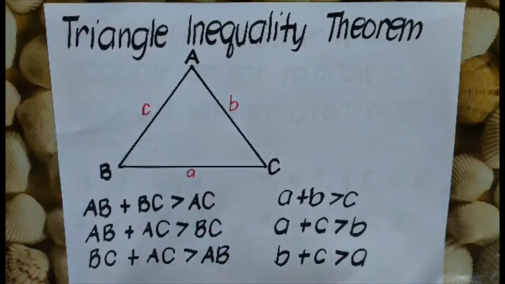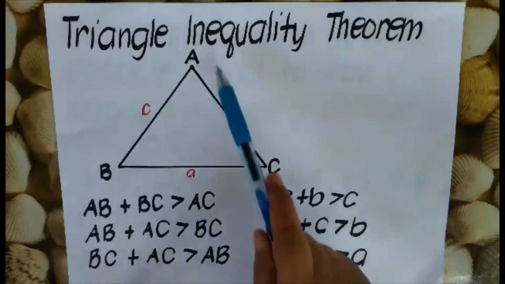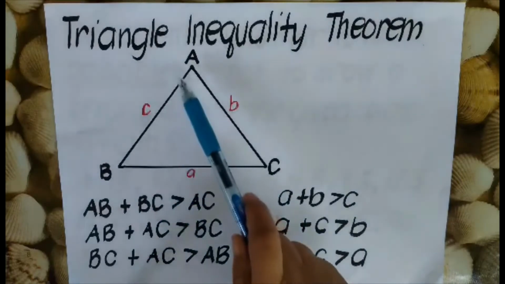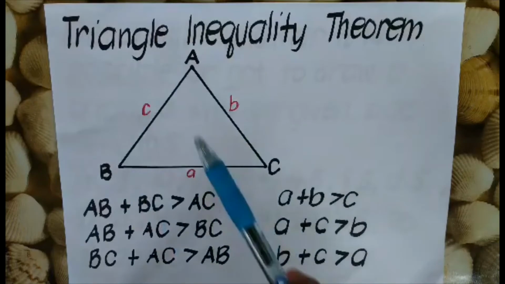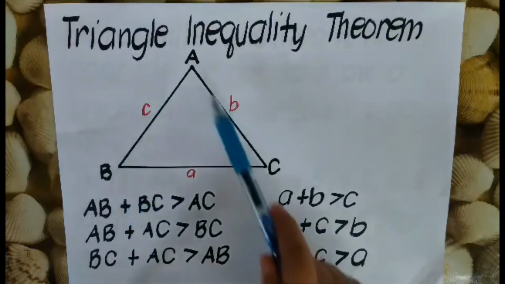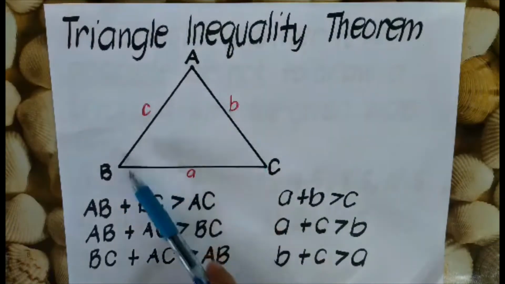So using the theorem, we have to add the length of the 2 sides and make sure it is greater than the length of the third side. So we have AB plus BC is greater than AC, and then AB plus AC is greater than BC, and then BC plus AC is greater than AB.